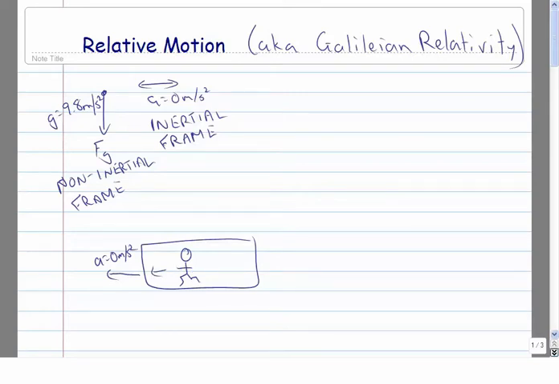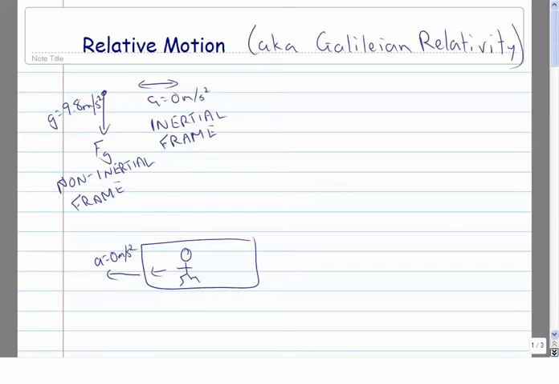It feels much like moving or standing on the subway platform. In fact, this is the principle of Galilean relativity, that the laws of motion are equivalent in all inertial frames.